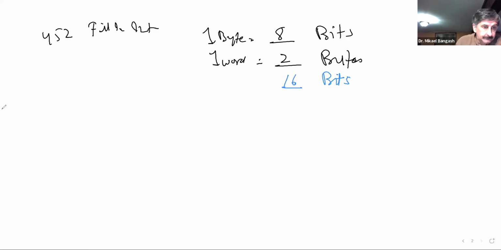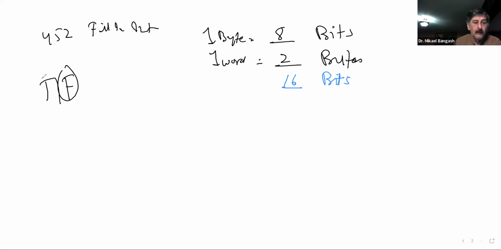True or false? The greater the number of bits assigned to each pixel of a digital image, the greater is the spatial resolution of that image. And that's false.